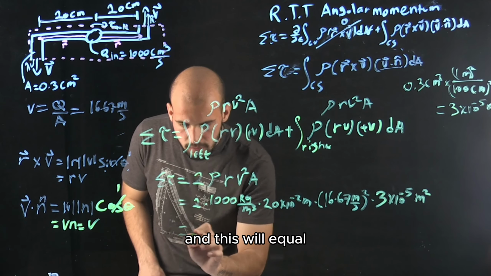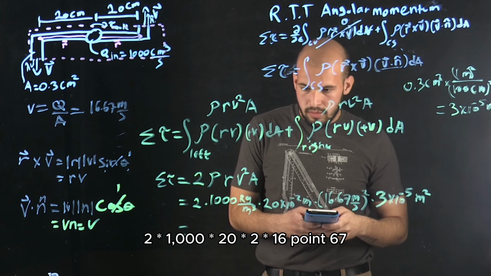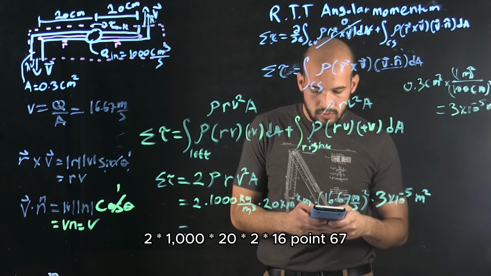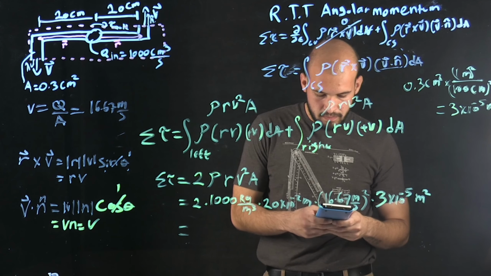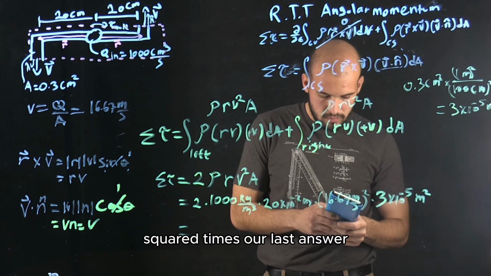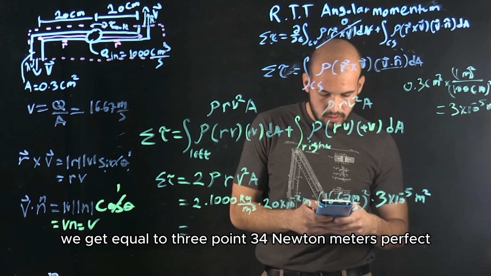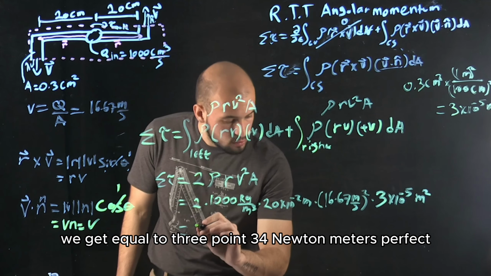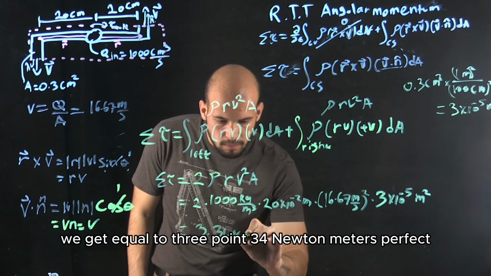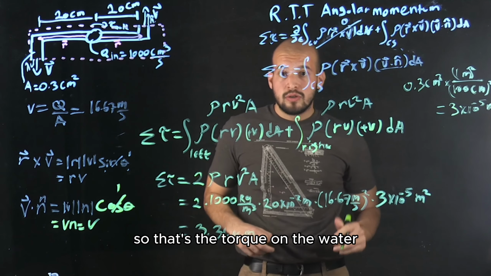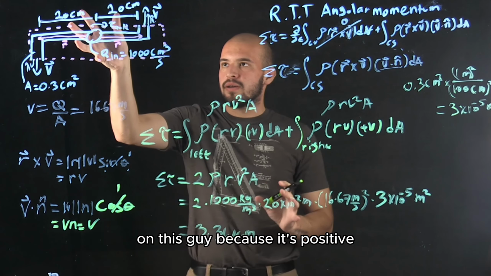And this will equal 2 times 1,000 times 20 times 10 to the minus 2 times 16.67 squared times our last answer, and we get 3.34 Newton meters. Perfect. So that's the torque on the water. That's the torque that the water is going to create on this guy.